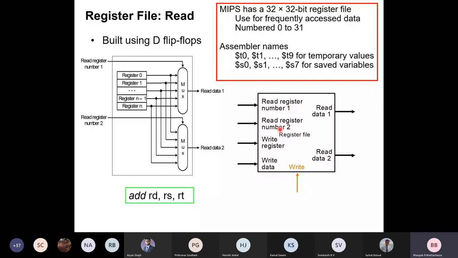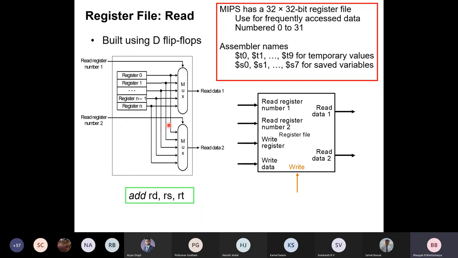So for example, add $t1, $t2, or subtract $t1, $t2. You need to read 2 registers. And so in your register file, you have this kind of mechanism, which is hidden internally. For example, add RD, RS, and RT. You need to add RS as well as RT. Information about RS is coming through this register ID.